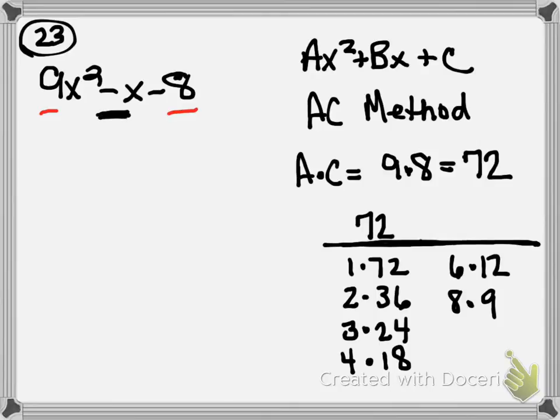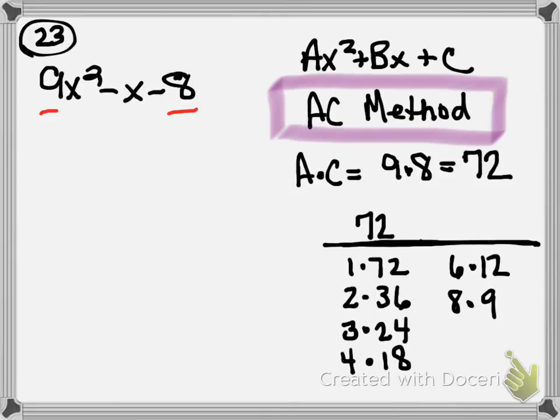Okay, where are we trying to get to? Negative 1. I don't really care about the 9 at this point. I realized when we have the lead coefficient on the last example, we could not simply go to our factors and look for sums. With the AC method, we can.